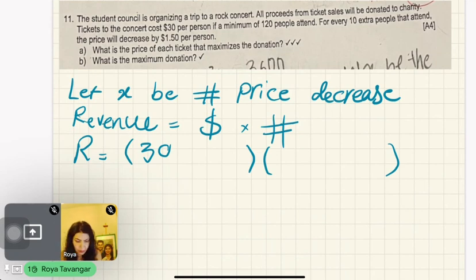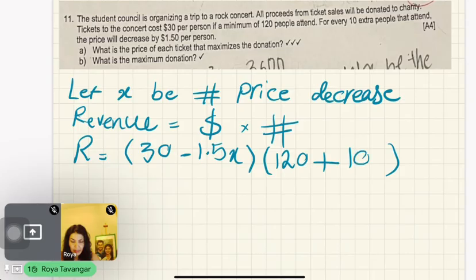So minus $1.5x, and the number is 120 plus 10x. Every 10 extra, the price decreases by 1.5.